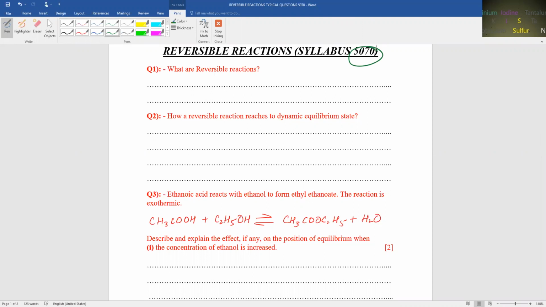What are reversible reactions? Reactions that can be reversed. You can even write the reaction that can take place in both the directions.